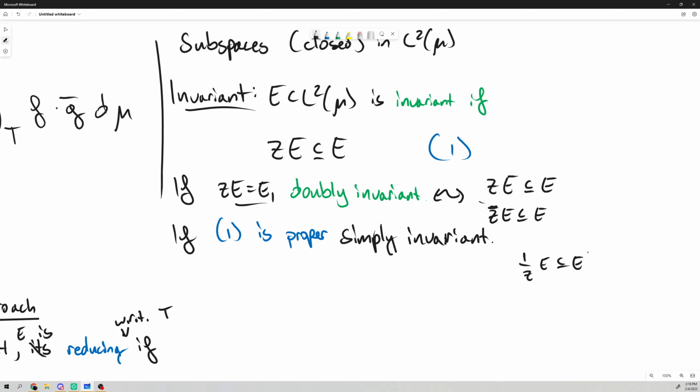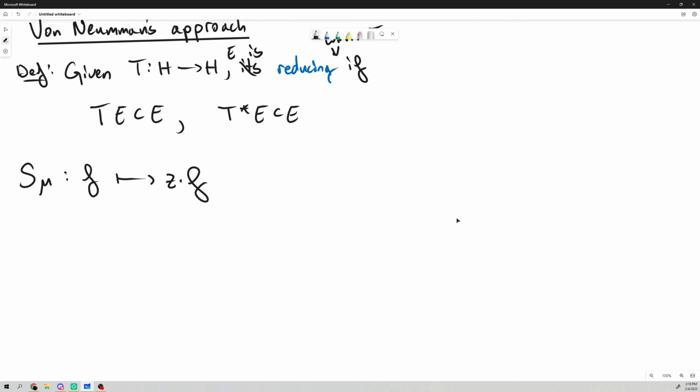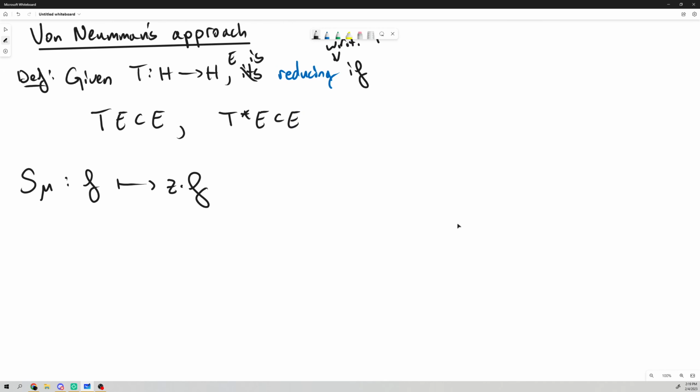So, thinking about it like that, this is our multiplication operator S mu. And then what's the adjoint of S mu? I'll give you a very simple definition. We're talking about the inner product of f and g in our space L2.